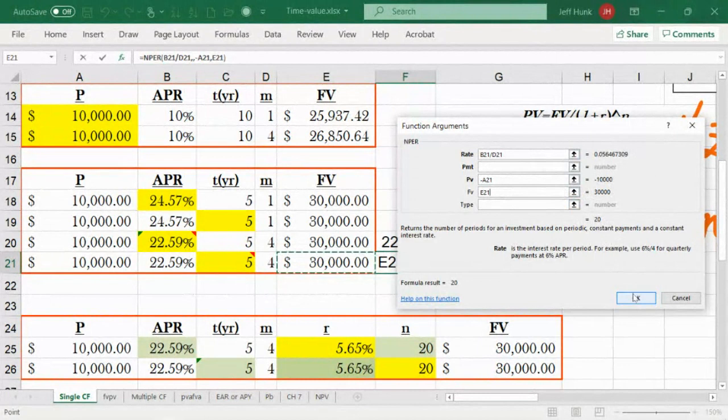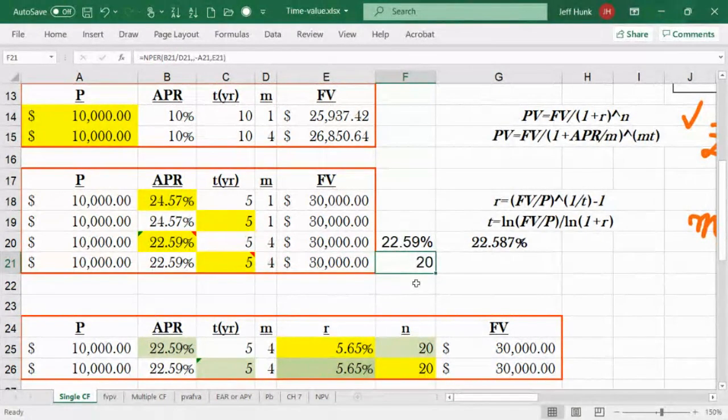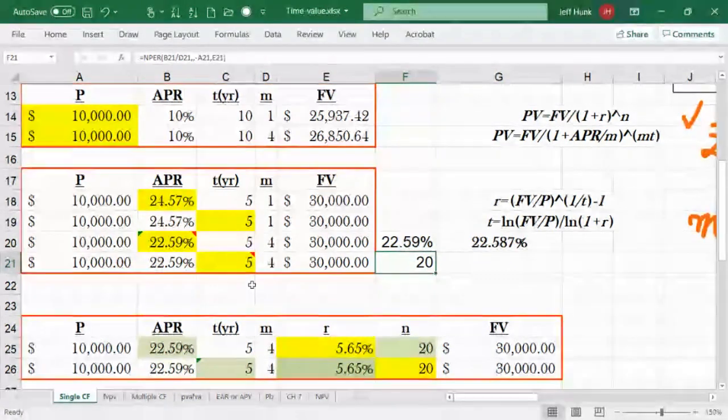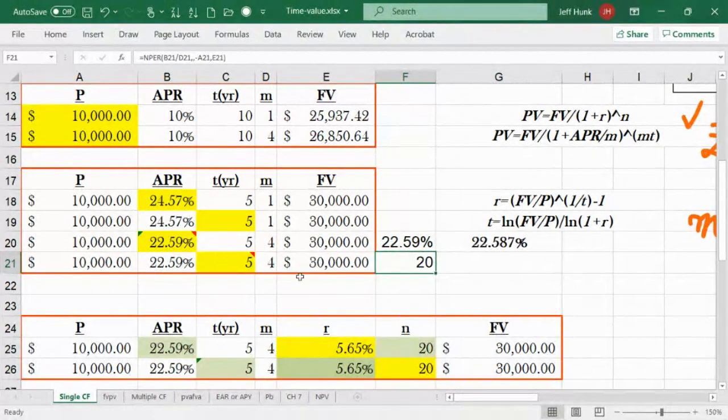It gives you already 20 there. It gives you 20, but this is wrong. This is not yet it. Why? Because it's 20 quarters, and the question wasn't asking for the answer in quarters. It asked for the answer in years.